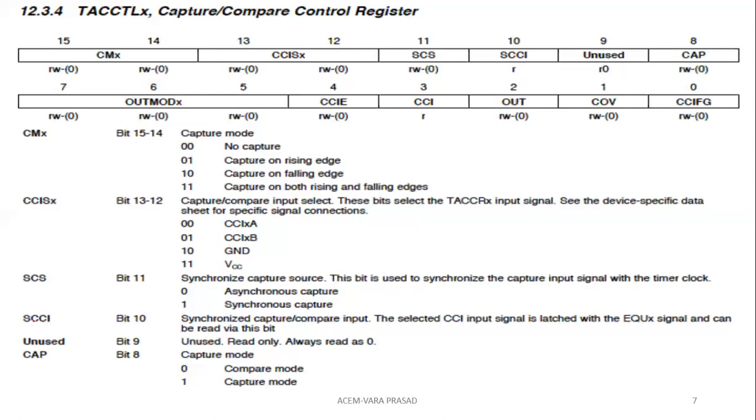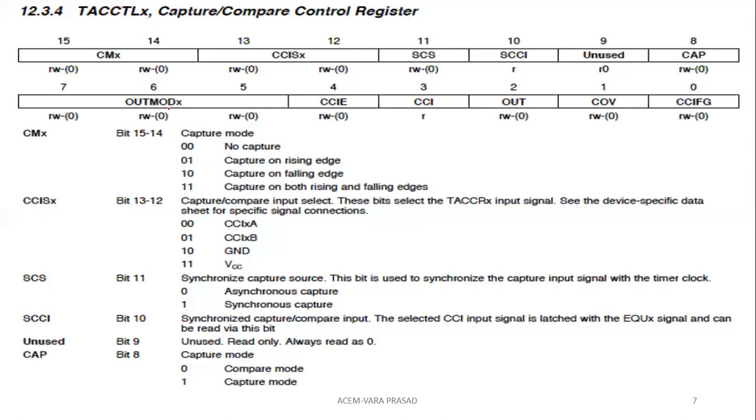Then SCCI means synchronized capture compare input, used for synchronization communication. Bit 9 is not used, don't care condition. Then bit 8 is used for CAP, which selects compare or capture. 0 means compare will be selected, and 1 means capture mode is selected.